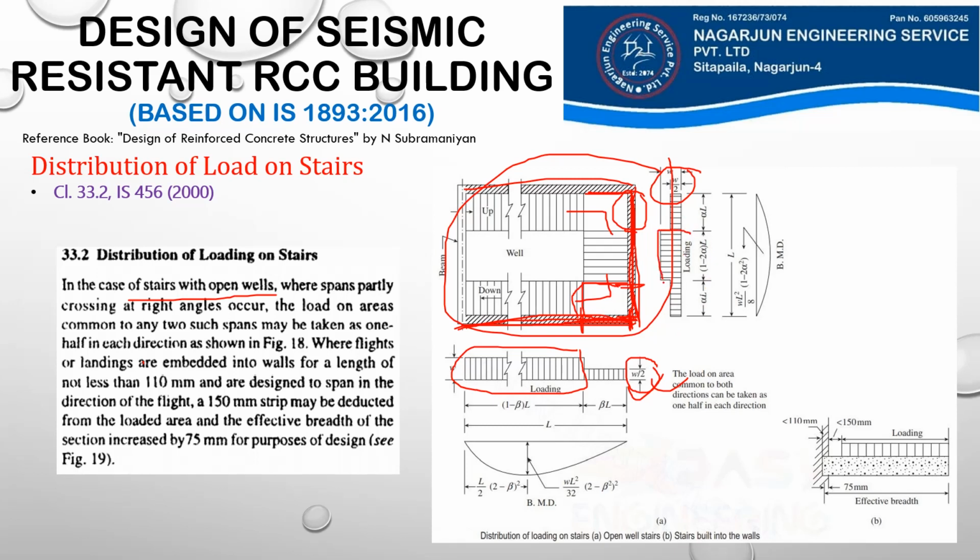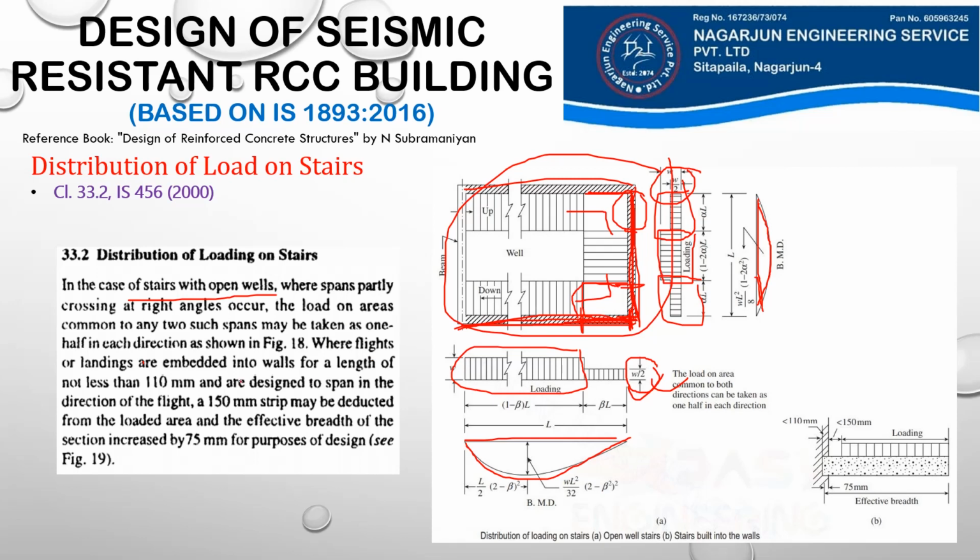In the mid portion, the full load W will be acting. However, in the common portion, W by 2 and W by 2 will be acting here. So we see here the deflection pattern of this span. This is the bending moment diagram, and this is the deflection pattern of this longer span, another bending moment diagram.